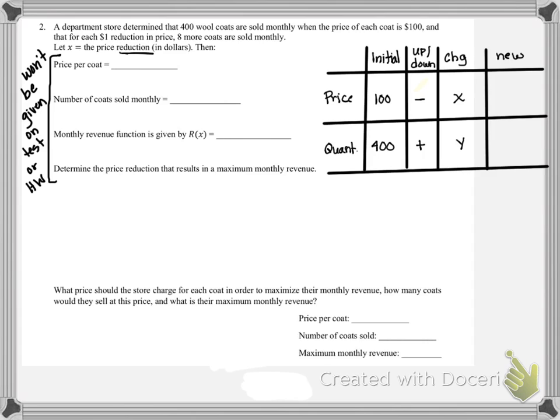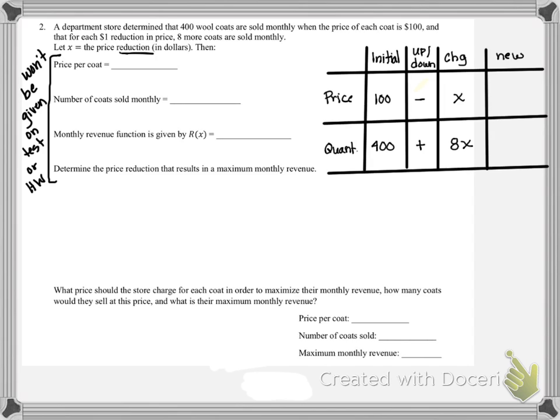Because our revenue function can only have one variable in it. If we put a y here, then we have to go back and ask what y equals in terms of x, so we can plug that in. The reason we're choosing to set it up this way is to eliminate the need to do that. So we're just going to use 8x.